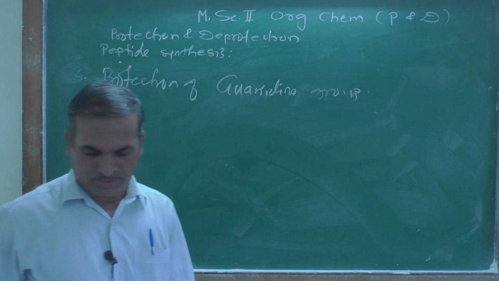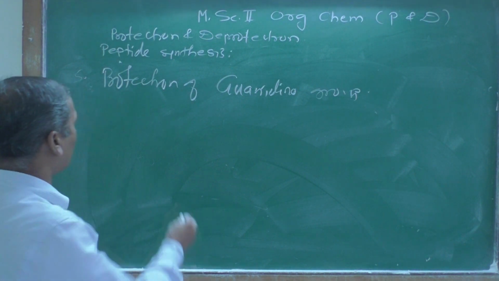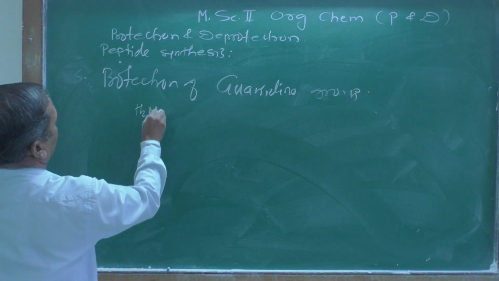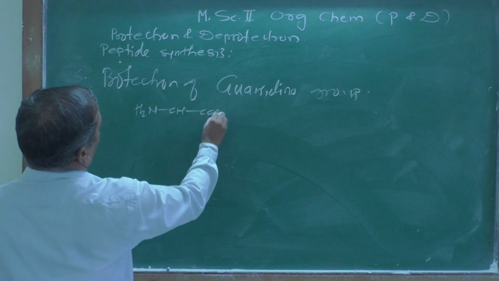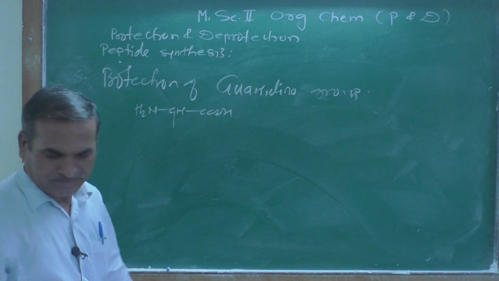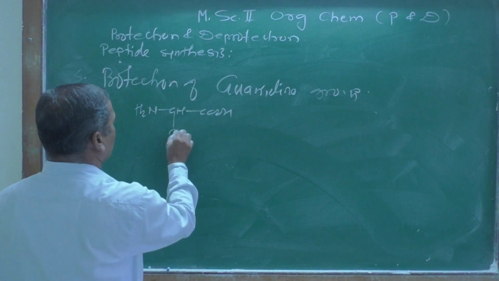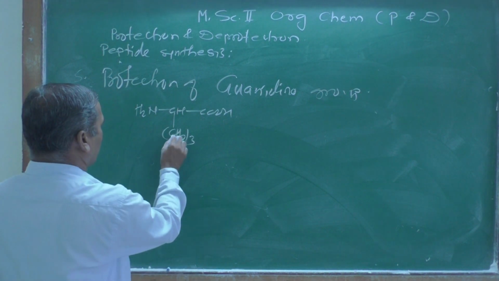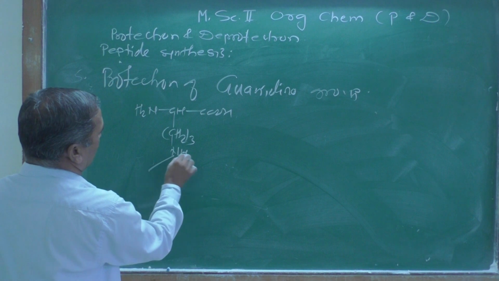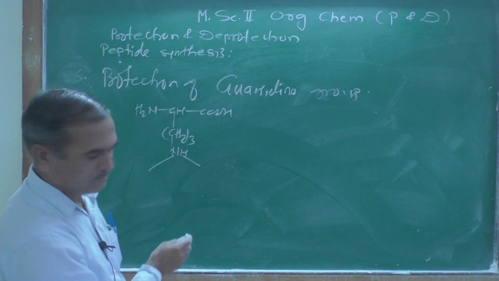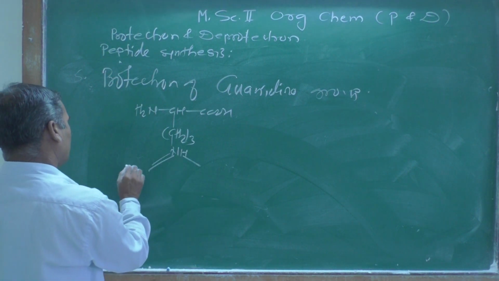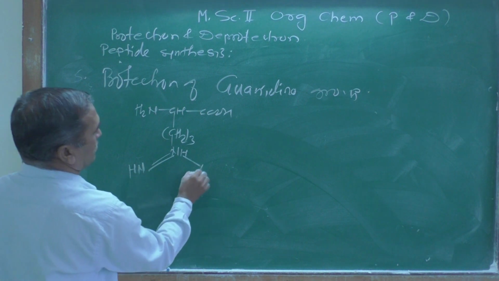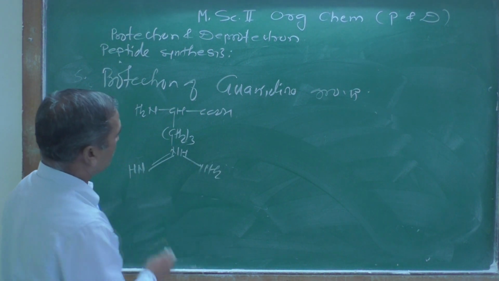For example, suppose we have this one: H2N, CH, COOH, then CH2 three times, NH, which is another base used here, HN, then NH2.